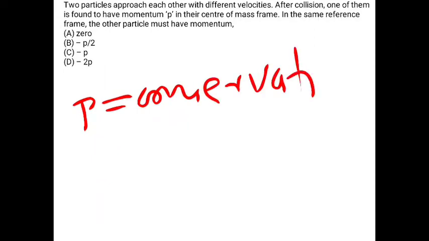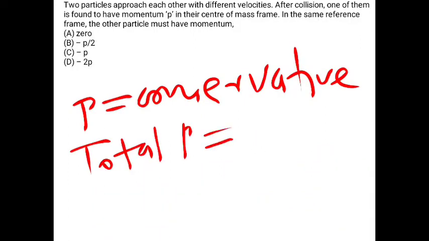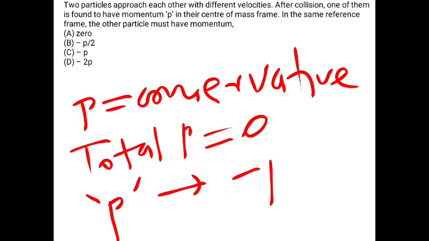Momentum will be conserved, so the total momentum in that frame of reference is 0. If one of the particles has momentum p, then the other will have momentum minus p. Option C is correct.